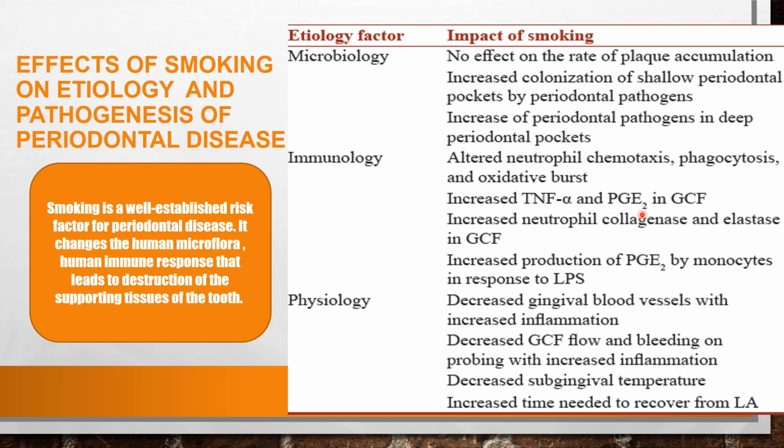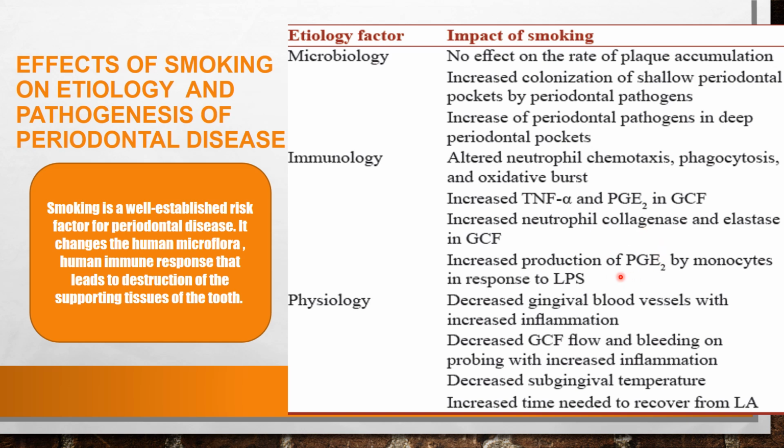The cytokines, mainly the inflammatory mediators, will be increased in GCF, along with increased neutrophil collagenase and elastase enzymes. The enzymes will be higher in GCF of smoking patients, and there is increased production of prostaglandin E2 by monocytes in response to lipopolysaccharides, the virulence factor of bacteria. In response, there will be hyperresponsive monocytes, which leads to increased production of inflammatory mediators.